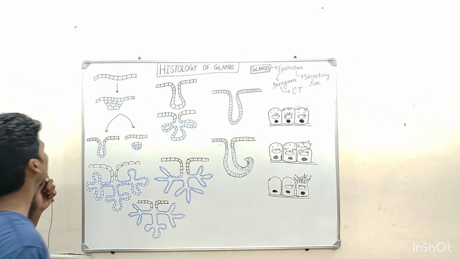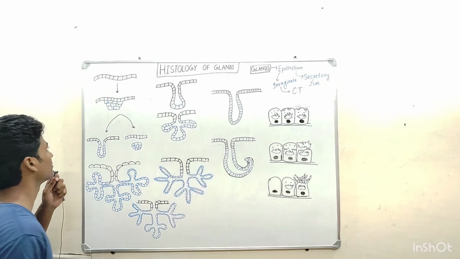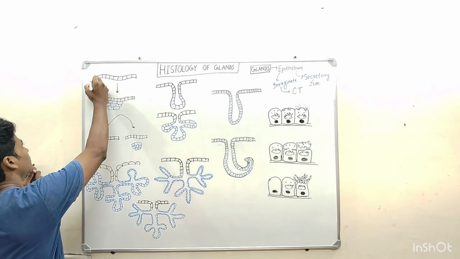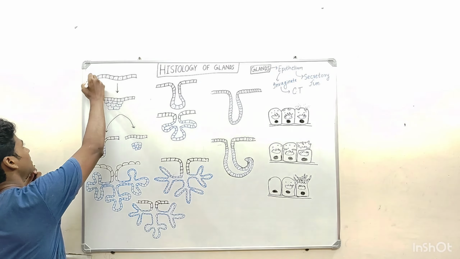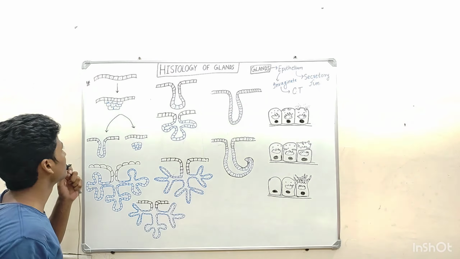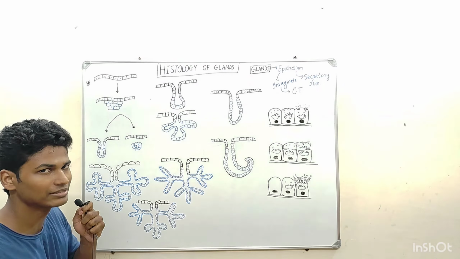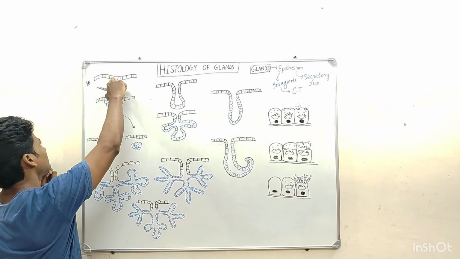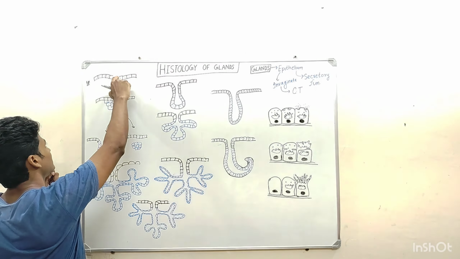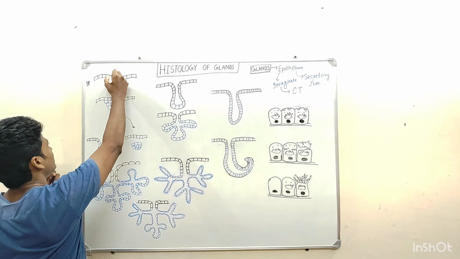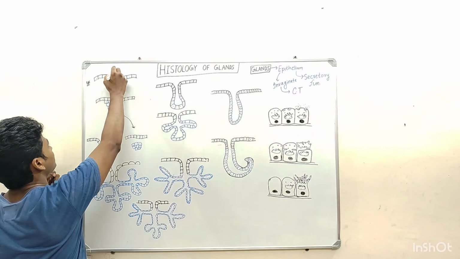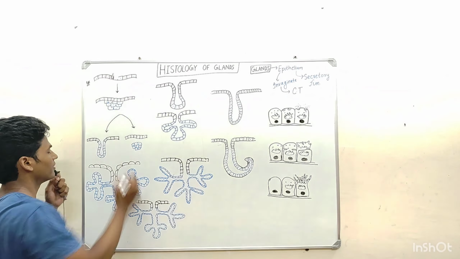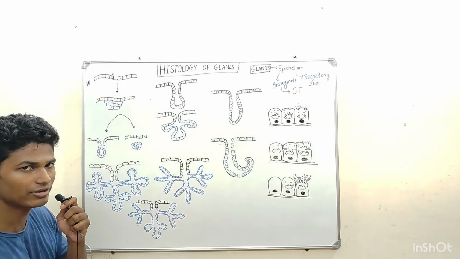And let's talk with some examples. So this is your normal body epithelium, and if one or more than one cell starts secreting materials, it becomes a gland. If one cell starts secreting materials, then the gland is called a unicellular gland.